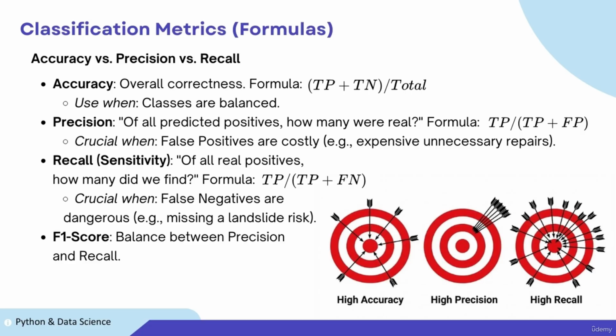It asks, when we predicted a landslide, how often were we right? Recall, also called sensitivity, checks for safety. The formula is TP divided by the sum of TP and FN. It asks, of all the actual landslides, how many did we find? In engineering, we usually prioritize recall because we can't afford to miss a single risk.